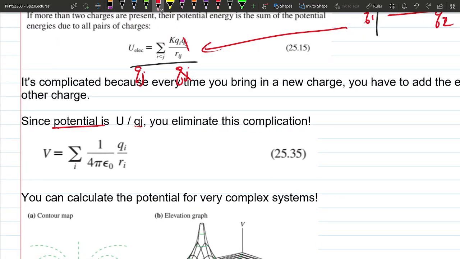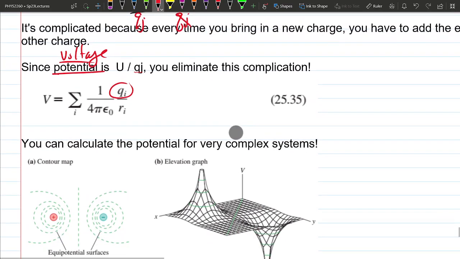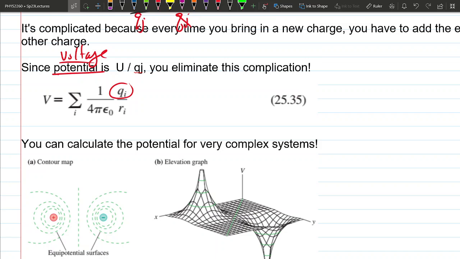Therefore, the potential or voltage that you can calculate for multiple charges is much simpler, and much more useful compared to the potential energy, because now you don't have this double summation where you're summing over i and summing over j. You're just summing over all the different charges that exist. That gives you the potential, or voltage. So this is much easier to calculate.